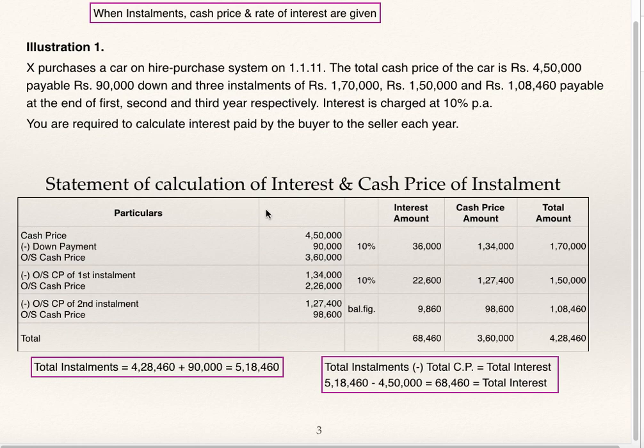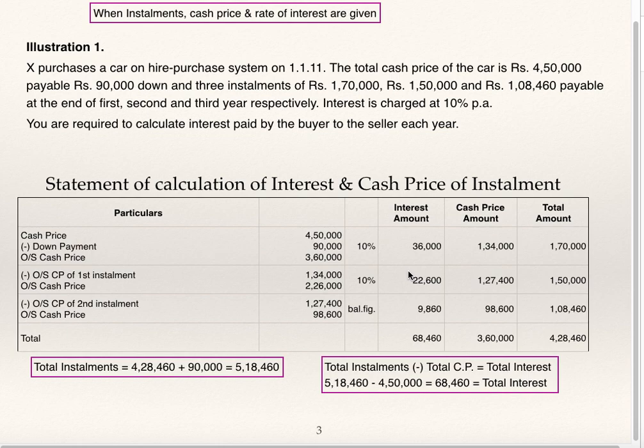See the statement. Cash price 4,50,000 minus down payment 90,000. Outstanding cash price is 3,60,000. On that 10% interest is 36,000. First installment is 1,70,000. So cash price of first installment is 1,70,000 minus 36,000, which is 1,34,000.